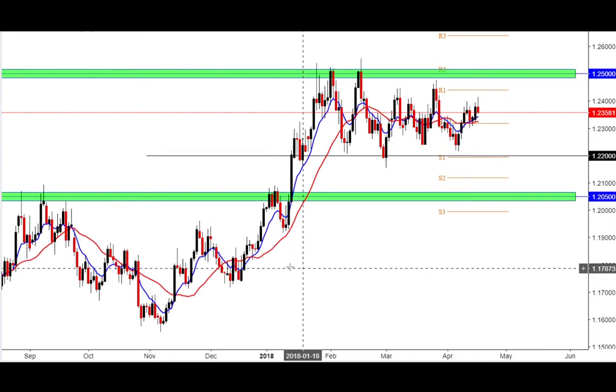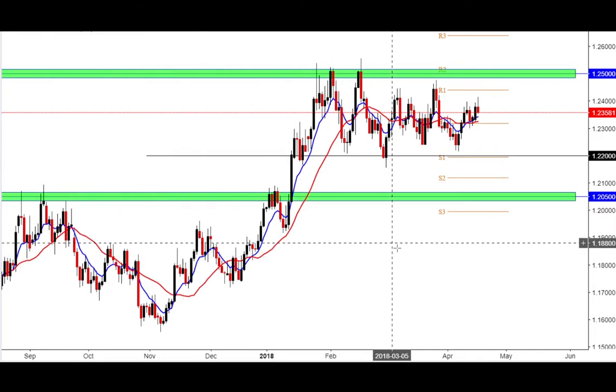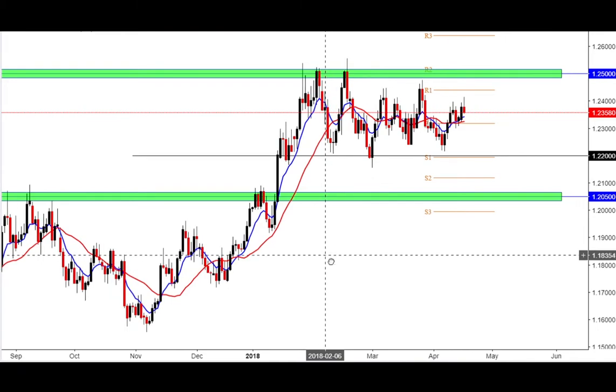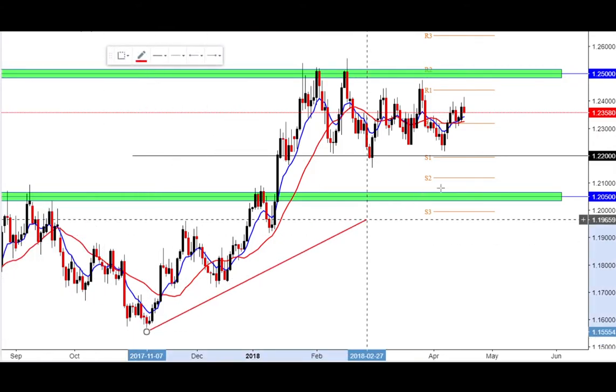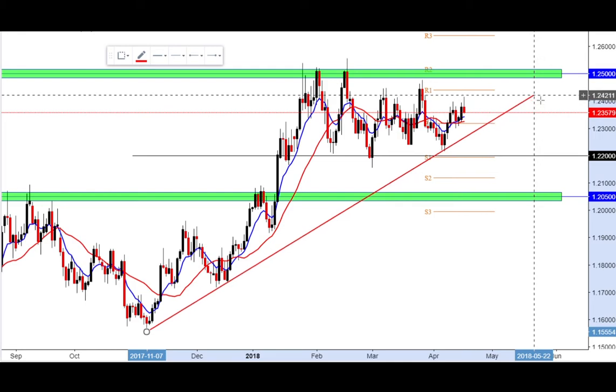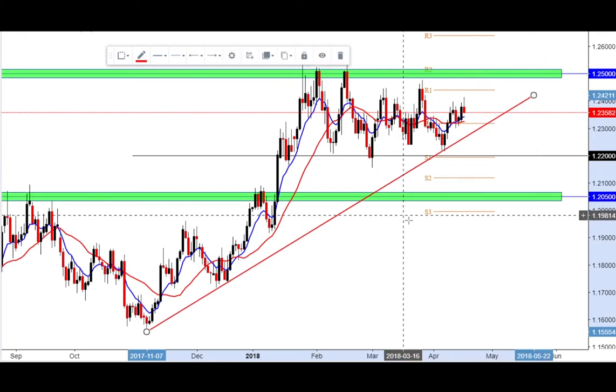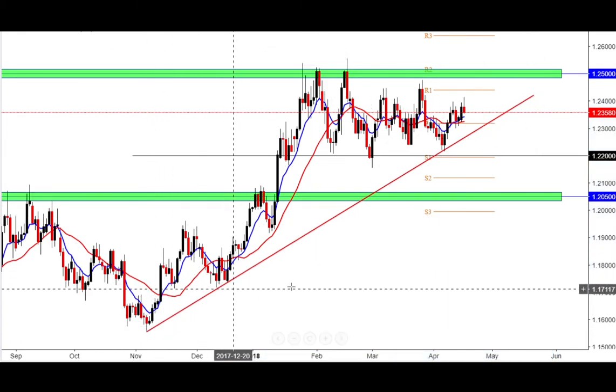So we have this trend line, which had given me some ideas on some bullish trades, but I can see what's happening currently in the markets. We have this trend line, first touch, second touch, third touch. Maybe I can mark them for you to be able to see them.